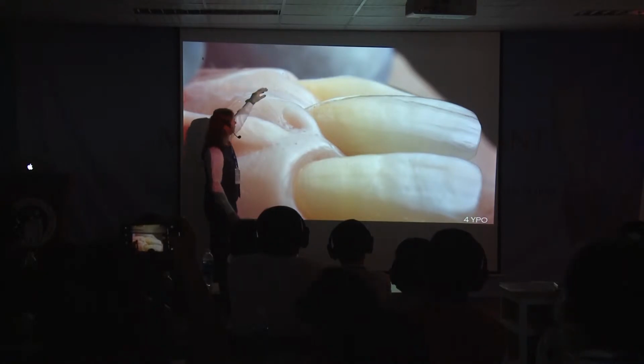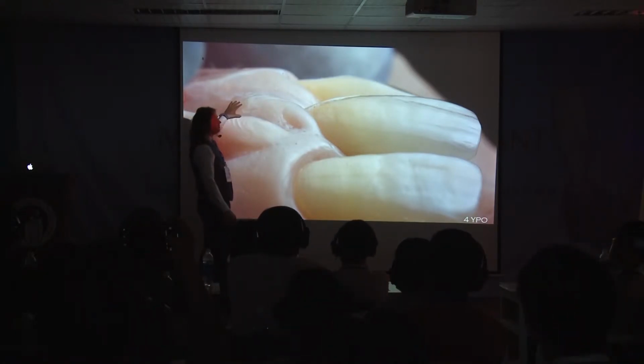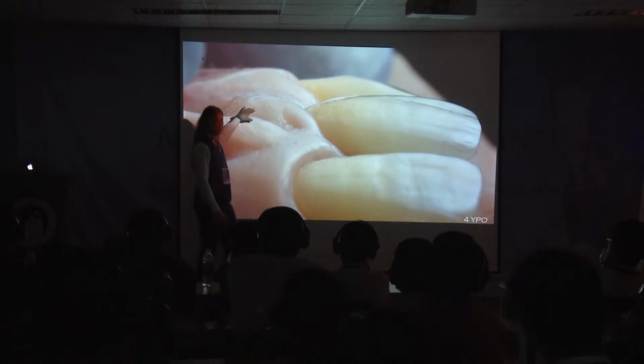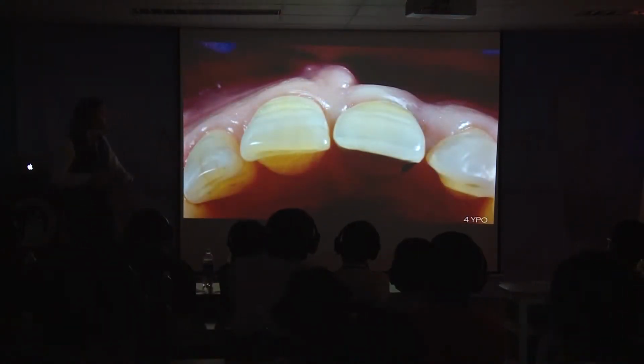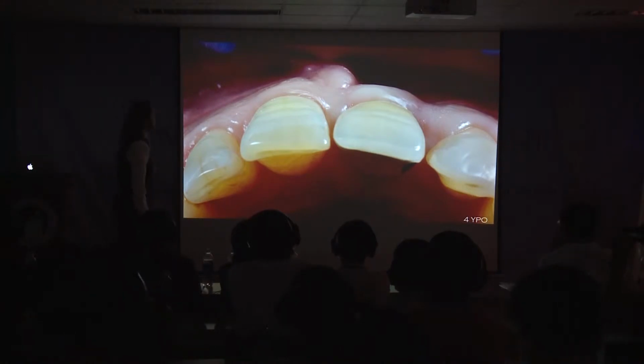Tissue is very natural. And this seems to be a new route. And the volume keeps staying there, very stable. This is a gold ceramic crown.